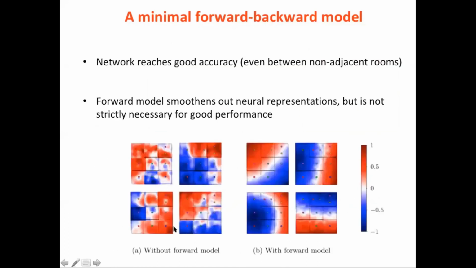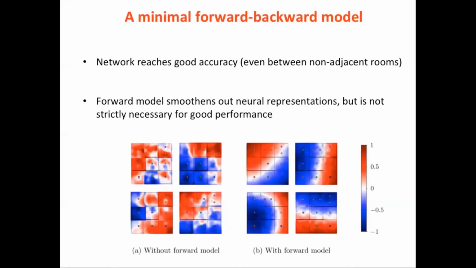But the representations of the neurons, and you see 4 different neurons here, for an environment corresponding to 9 different rooms here, which is a snake path here, are not so smooth. While if we impose also that the forward model loss is very small, we get nice representations which are quite smooth in space. You see the values of the activity of the neurons depend very smoothly, continuously on the position of the animal in space.